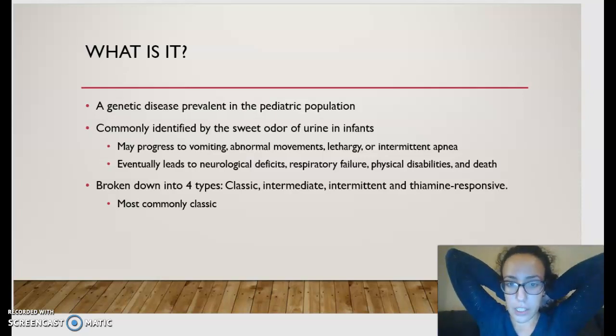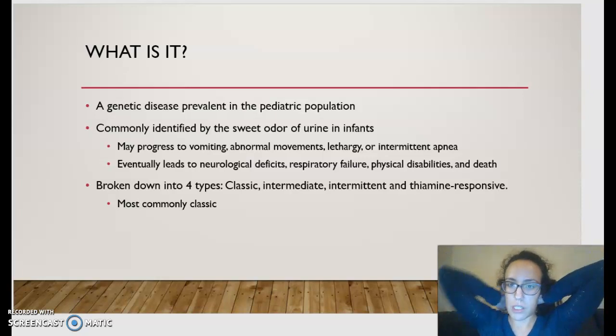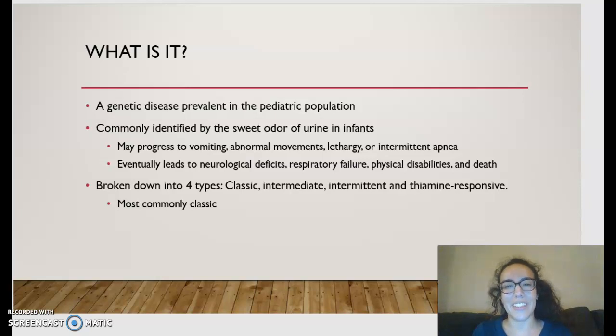It may progress to vomiting, abnormal movements, lethargy, or intermittent apnea, among other things, and if it worsens, it eventually leads to neurological deficits, respiratory failure, physical disabilities, and possibly death. We'll talk about why this happens later, but as time progresses, it gets progressively worse for the body.